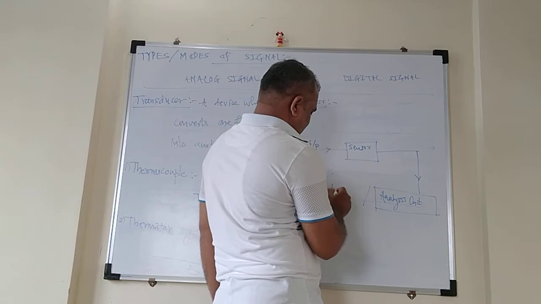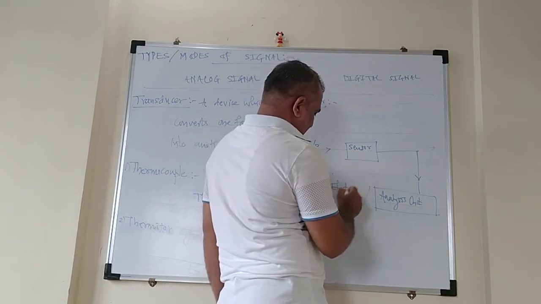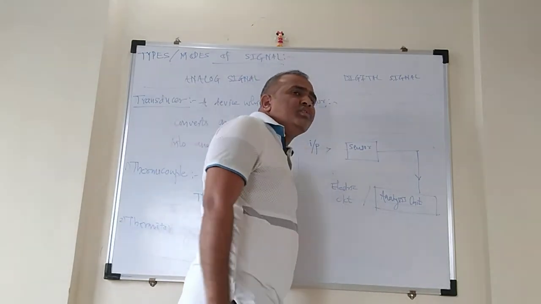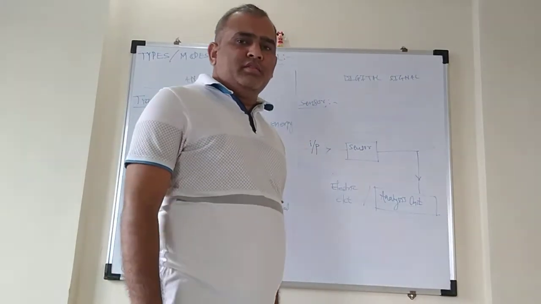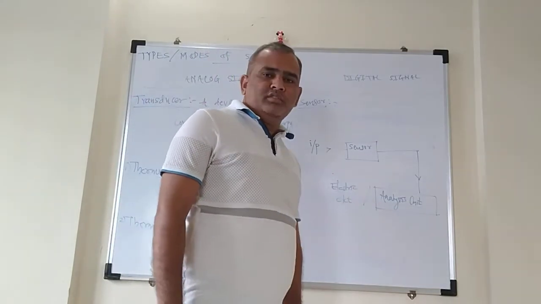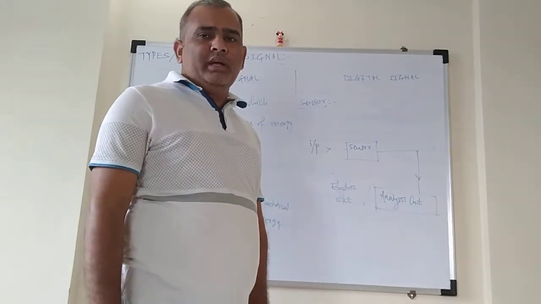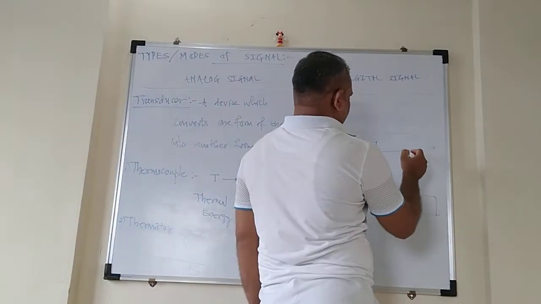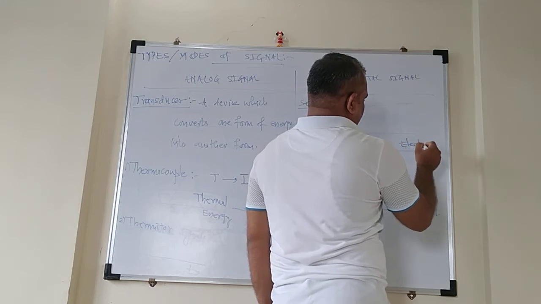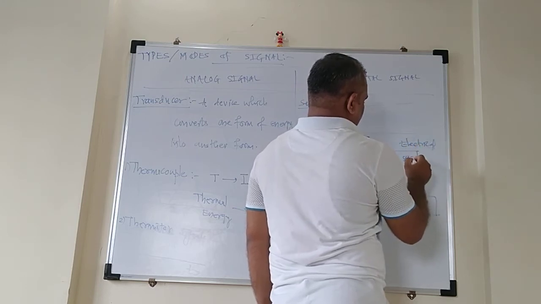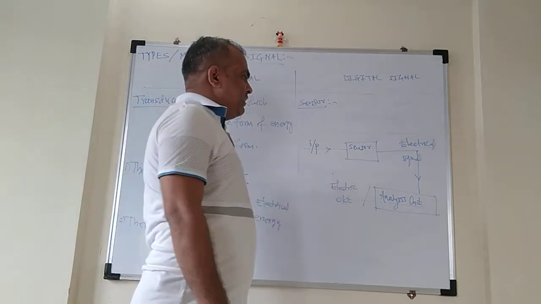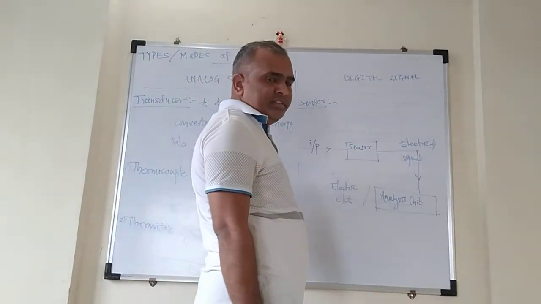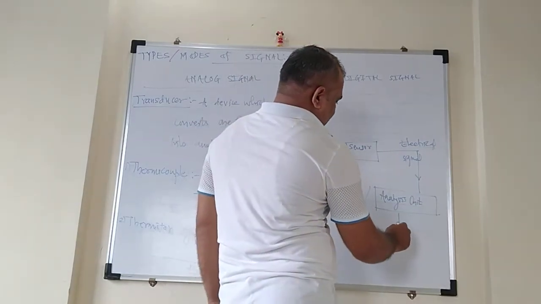So I can say this is an electrical circuit, and the best example of an analysis unit is the oscilloscope. I am quite sure you have studied the oscilloscope in your UG and in the first year also. And this is an electrical signal which a sensor passes to the analysis unit, and once the analysis is done, then you can draw your result.